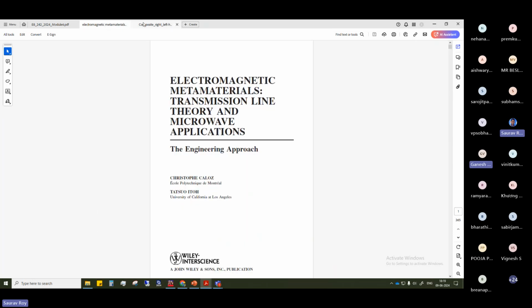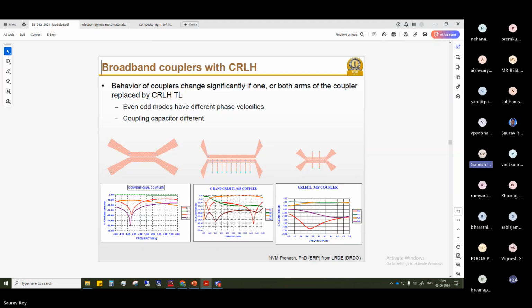I have a question here. What will be the maximum power we will be able to handle? Is there any limitation? Power actually will depend on the substrate. It does not depend on the material, I mean the design. How much power your substrate can handle, it will depend on that. How do you know how much power your design can handle? From the breakdown voltage. Right. That does not depend on what metal design or what pattern you are drawing on the metal.